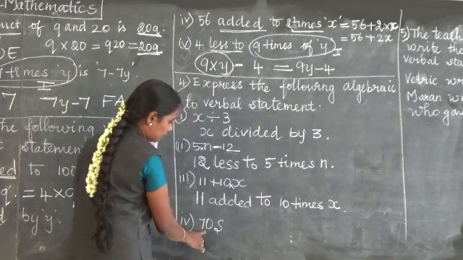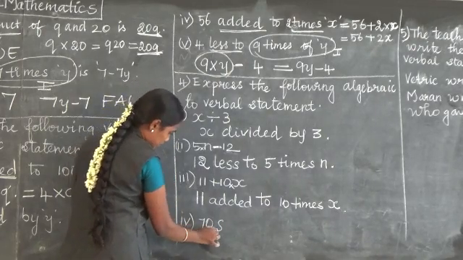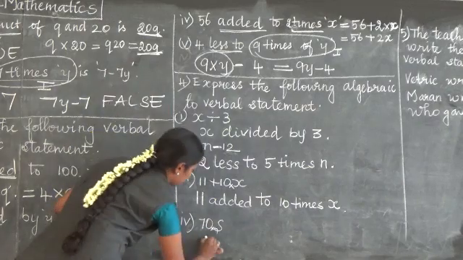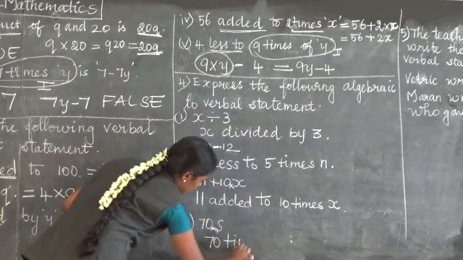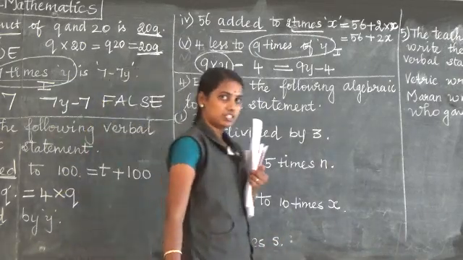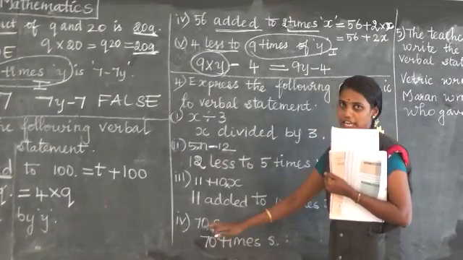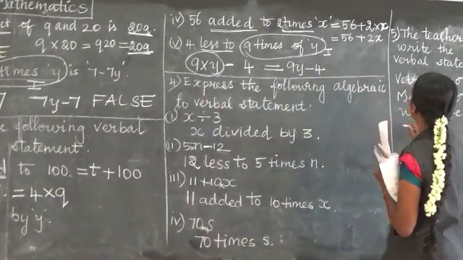Next, 70s. Here there is no sign between 70 and s, so multiple. I can write this 70 times s, or else product you can use. Product of 70 and s also correct.